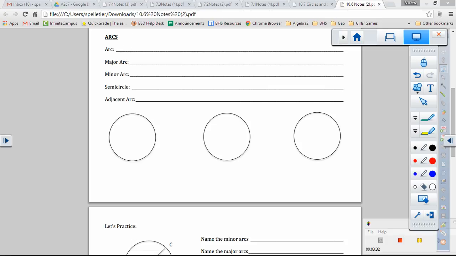So an arc is part of a circle, and it's measured in degrees, and the arc is like the outside edging of the circle. So an arc, think about a piece of pie, and I want you to think about just the crust.